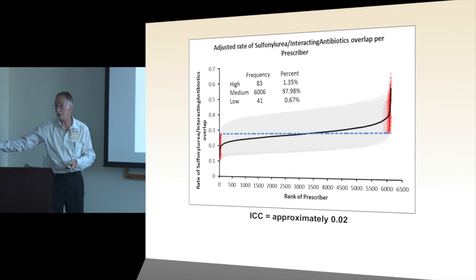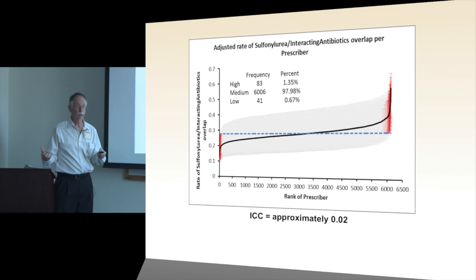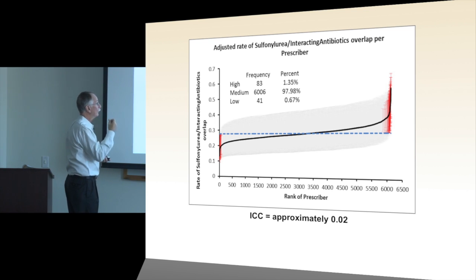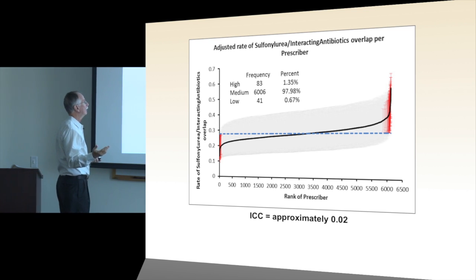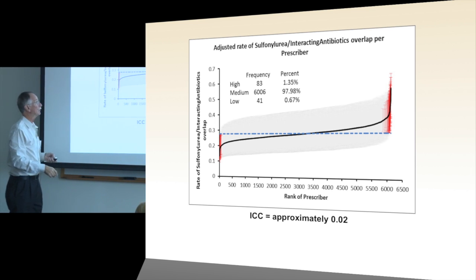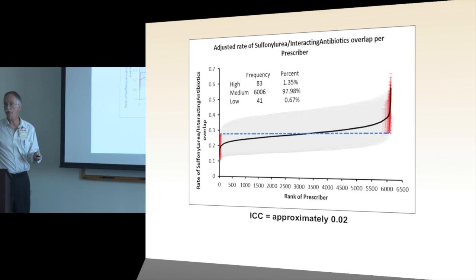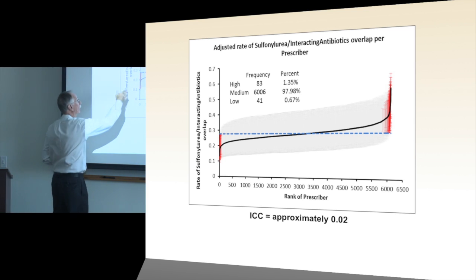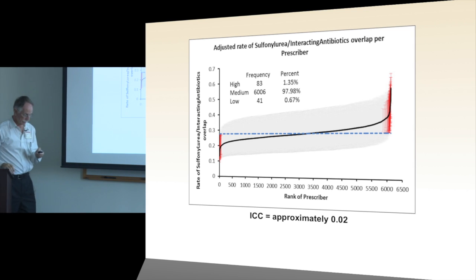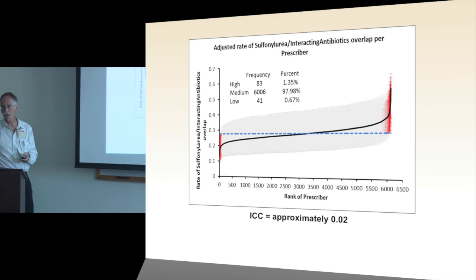Taylor, anytime she looks at surgeons, huge variation, at the level of the surgeon in various activities. Here we found very little variation. It's like once again, a high percentage of their patients were getting an interacting antibiotic during the year, and it was hard to identify a bunch of docs who were significantly lower. I'll show you some more slides later where we do show variation.